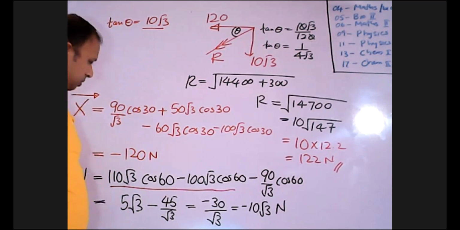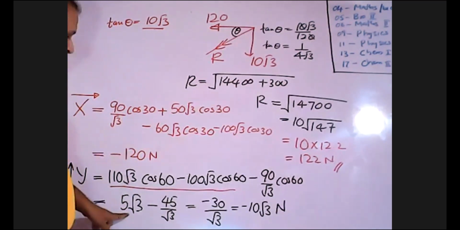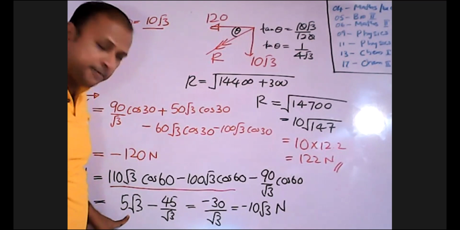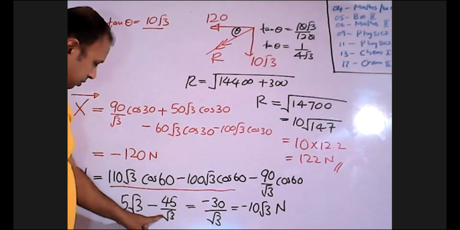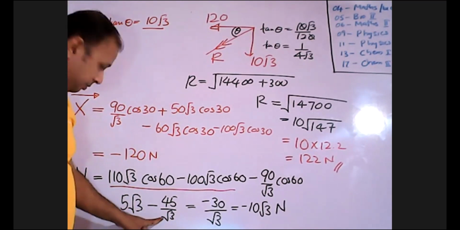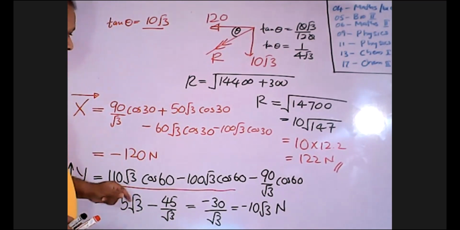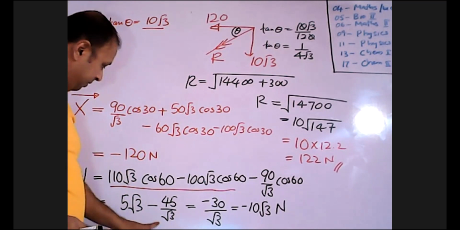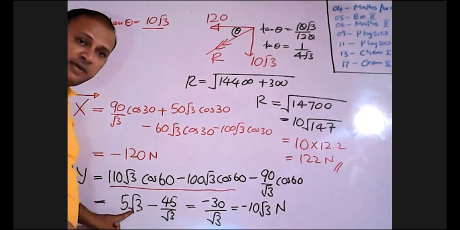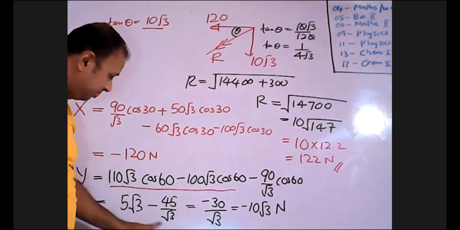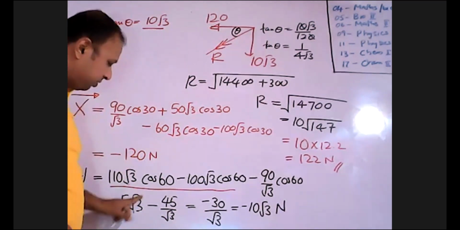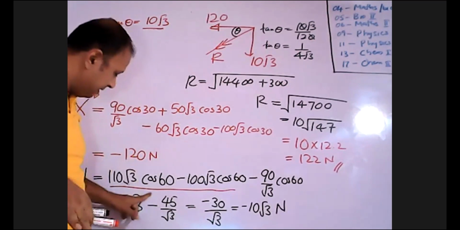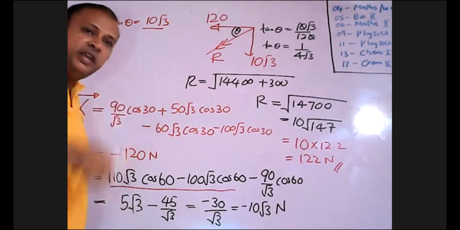Yes, it is cancelled. Not cancel. It will be 3. 5 root 3 should be multiplied by root 3, and root 3 into root 3 is 3. 5 times 3 means 15.